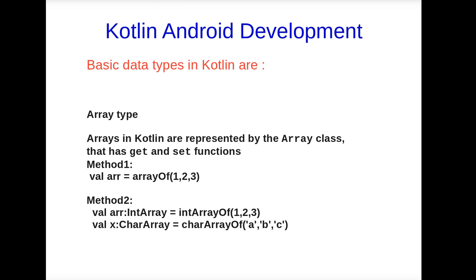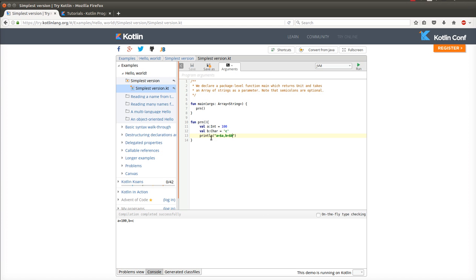The first method is val array, where array is the variable name, equal to arrayOf the values: val array = arrayOf(1, 2, 3).